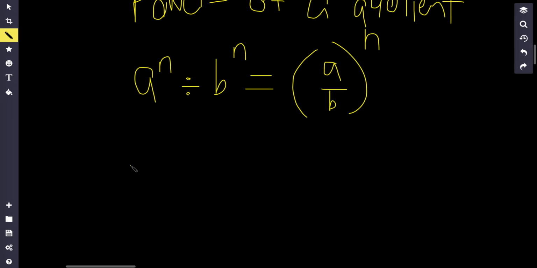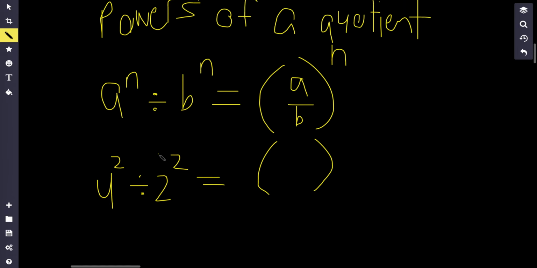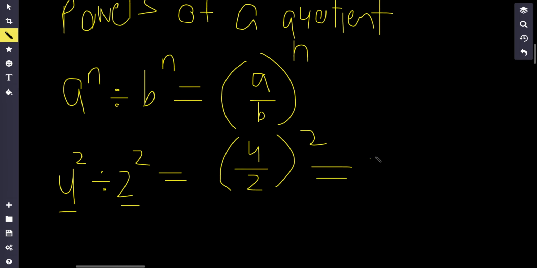For example, if we have 4 to the second power divided by 2 to the second power, what is this going to be equal to? Well, you keep the same exponent, and you divide the bases. So 4 divided by 2, to the second power, which is equal to 2 to the second power.